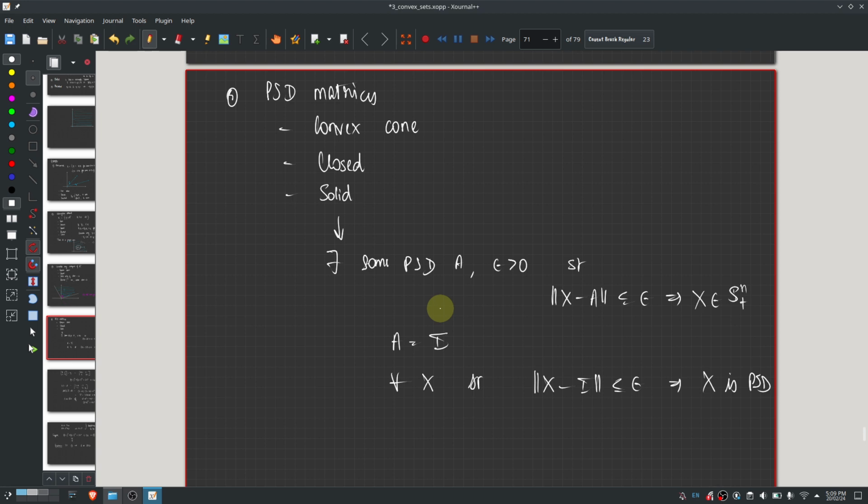So let's say you take something like a ball of radius lambda min by 10, or anything, in fact, something that's much smaller than lambda min, then you have to prove that any ball of radius less than lambda min by 10, in fact, anything less than lambda min is also sufficient. You draw a ball of this particular radius around it, that will still be positive semi-definite. Right? Just try to think about it a little bit.